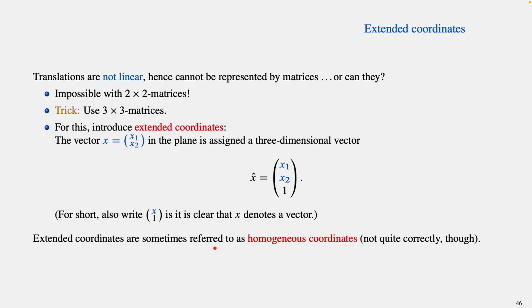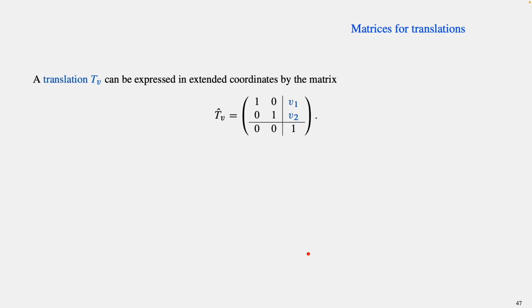And sometimes these extended coordinates are referred to as homogeneous coordinates, which is not completely correct, because homogeneous coordinates mean a coordinate system in projective geometry, which we are not talking about here. In homogeneous coordinates, they're very similar to extended coordinates, but there you would actually have a whole class of coordinates that are multiples of a vector like this that would all be identified to describe the same point. Now, the translation by the vector v can be expressed in extended coordinates by a matrix, which we then call t hat index v.